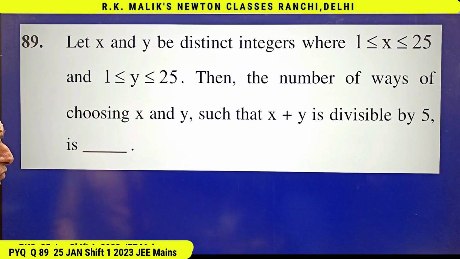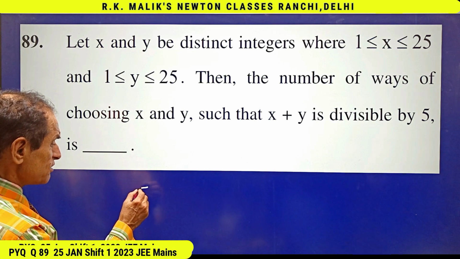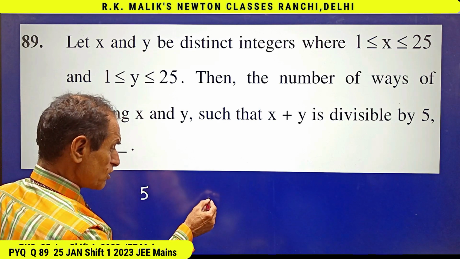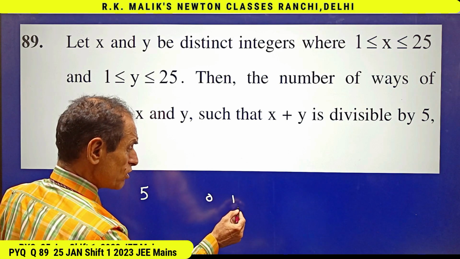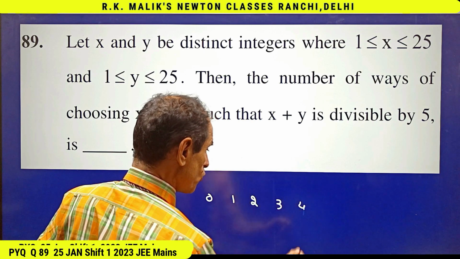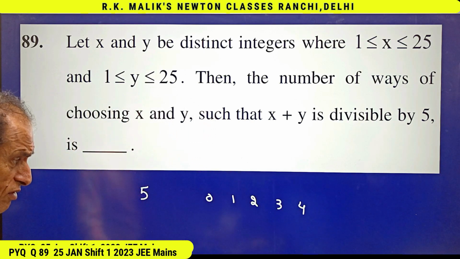To do this question, first understand this concept that any natural number, when it is divided by 5, remainder will be either 0 or 1 or 2 or 3 or 4. Remainder cannot be 5. This is clear.